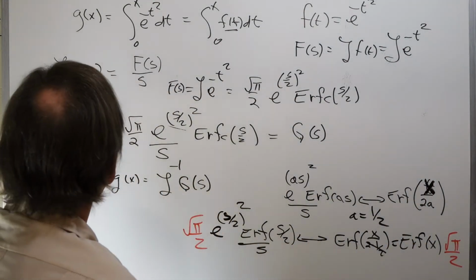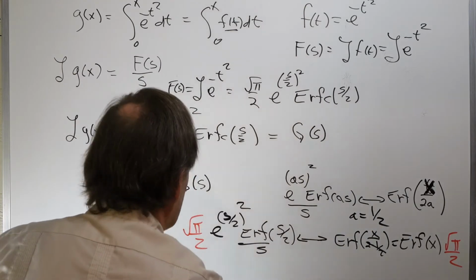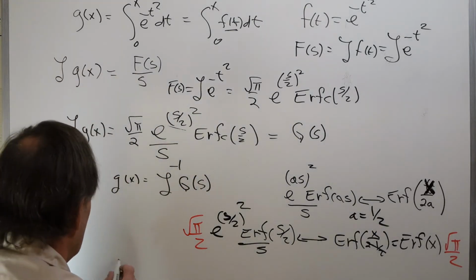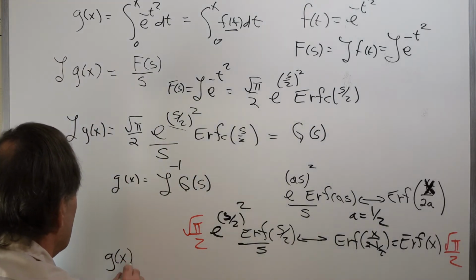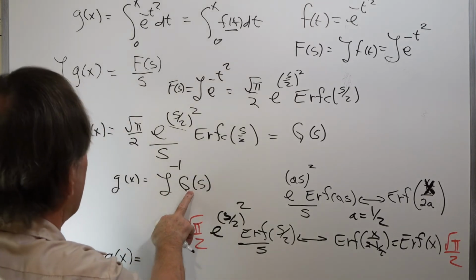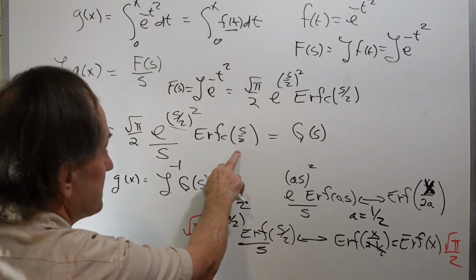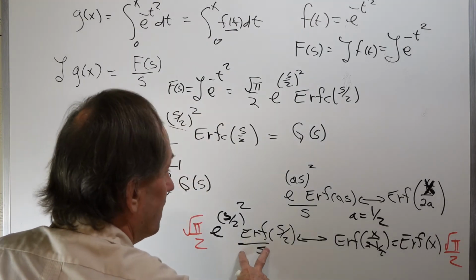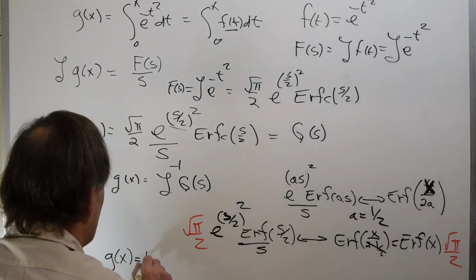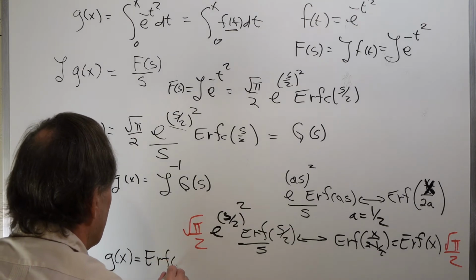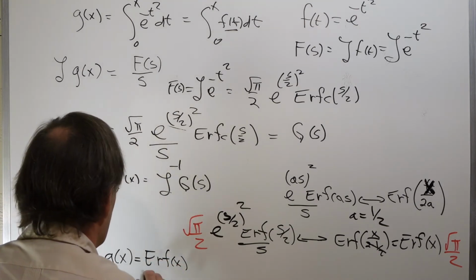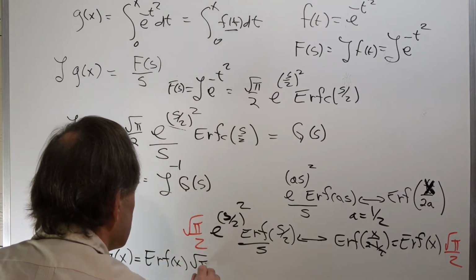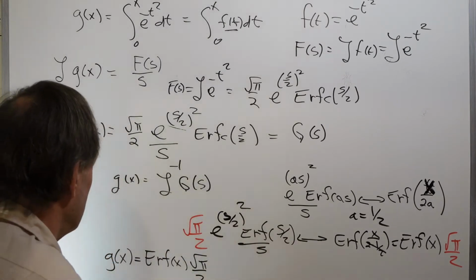So in the inverse transform, g of x is the inverse transform of capital G of s, which is this form. The inverse transform of this is just the error function of x, multiplied by the square root of pi over 2.